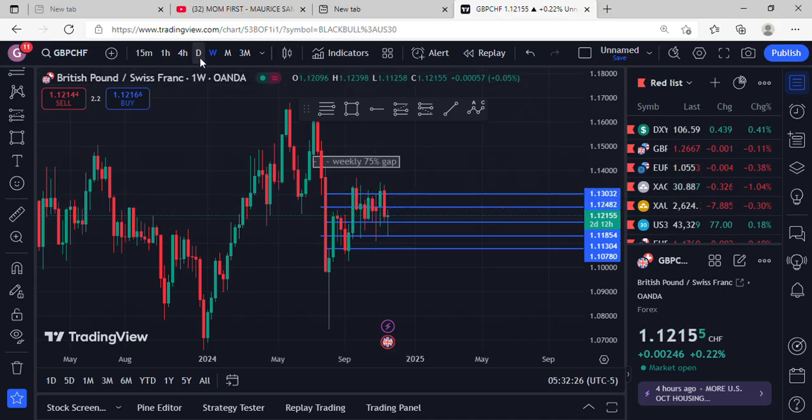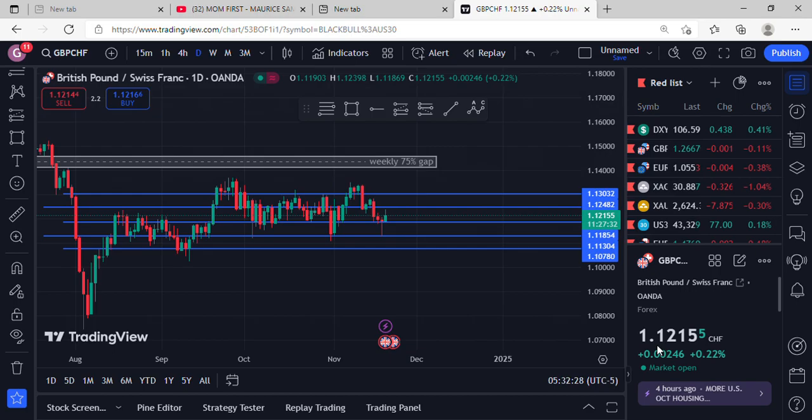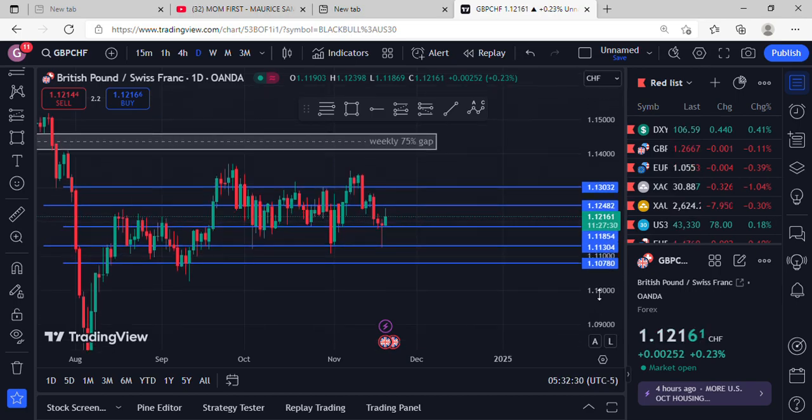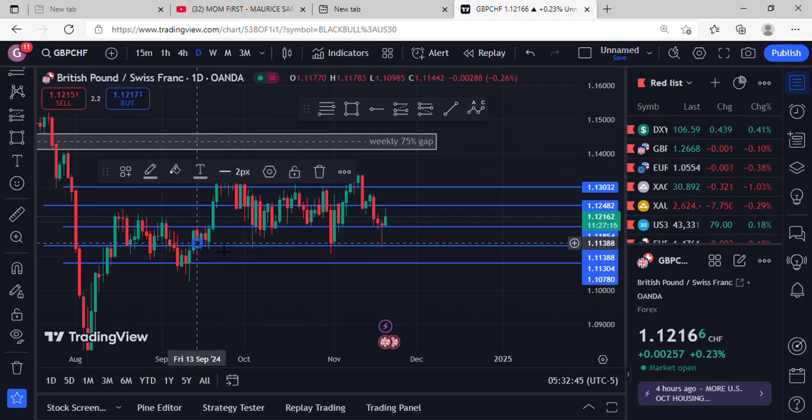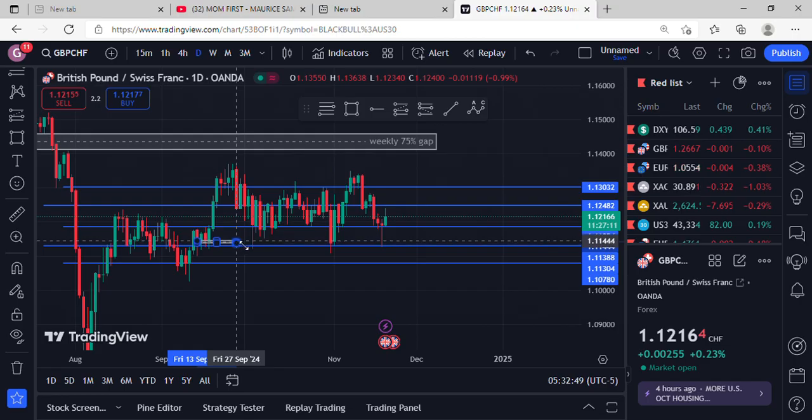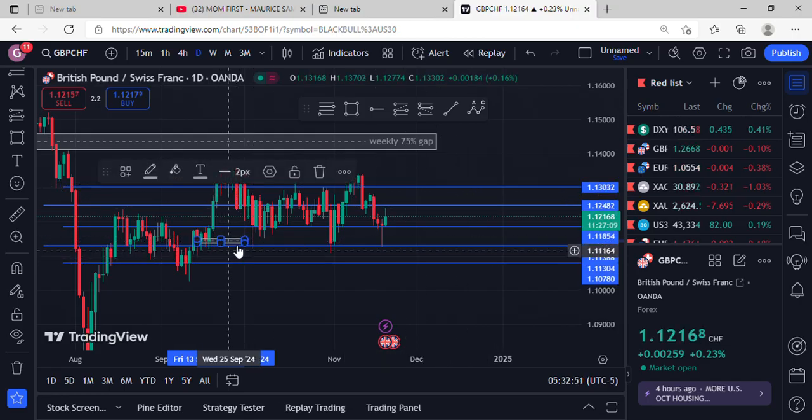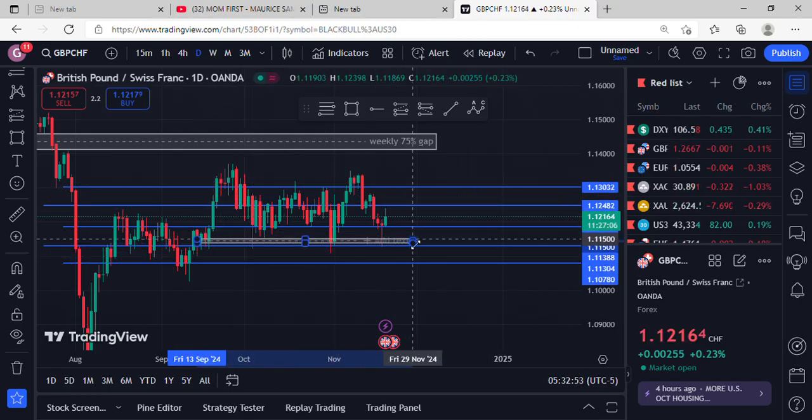Then when we go into the daily, what we see is that price is basically inside of a range, right? This low to this high, we see that price is inside of a range right here.